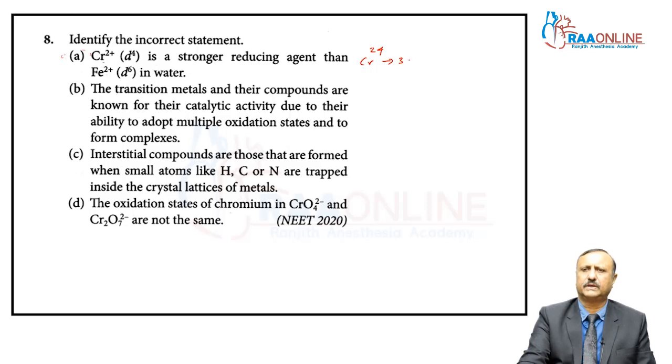So, you can see 3d5, 4s1 is present. And when this chromium is converted into this Cr plus 2, then you can see here, my dear students, 3d4 and 4s0, outermost electronic configuration is present, and 3d4, 4s0 electronic configuration.